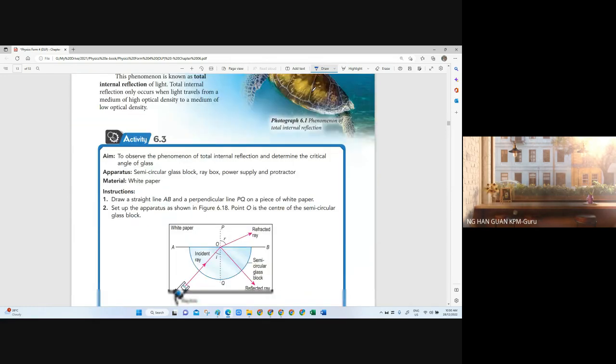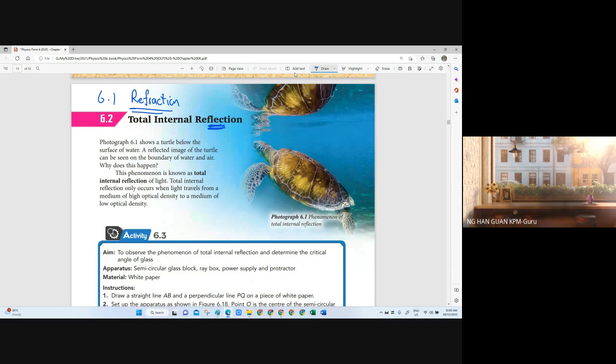Okay. So total internal reflection only occurs when the light travels from a medium of high optical density to a lower optical density.